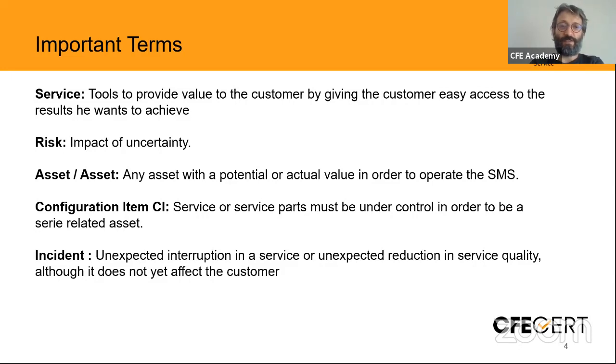But at any given time, you cannot say which server is running for which service. So this is an attribute for any asset of yours. The name of the service is an attribute of the asset, which is a server.